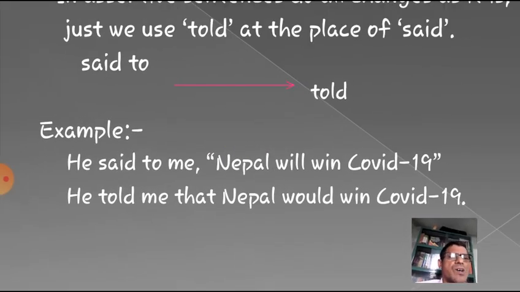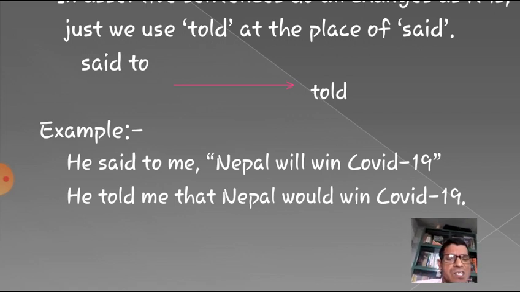This sentence is an assertive sentence, and it is in direct speech. Changing this sentence into indirect speech, as I have just said, said to can be changed into told.